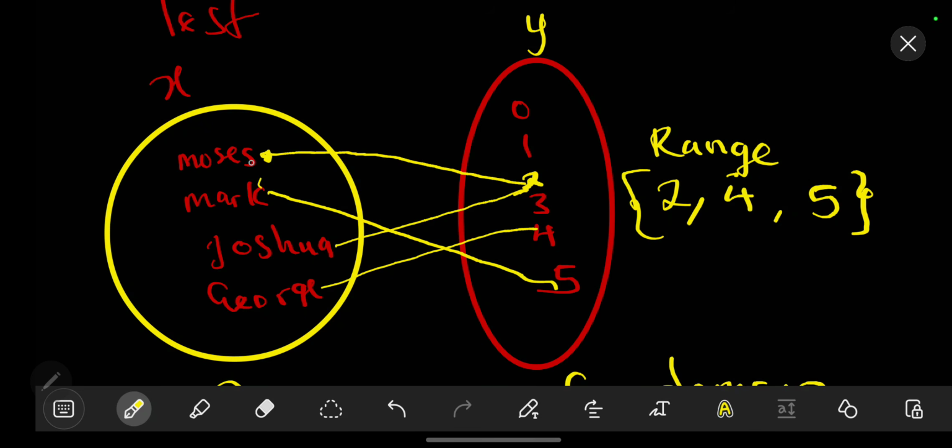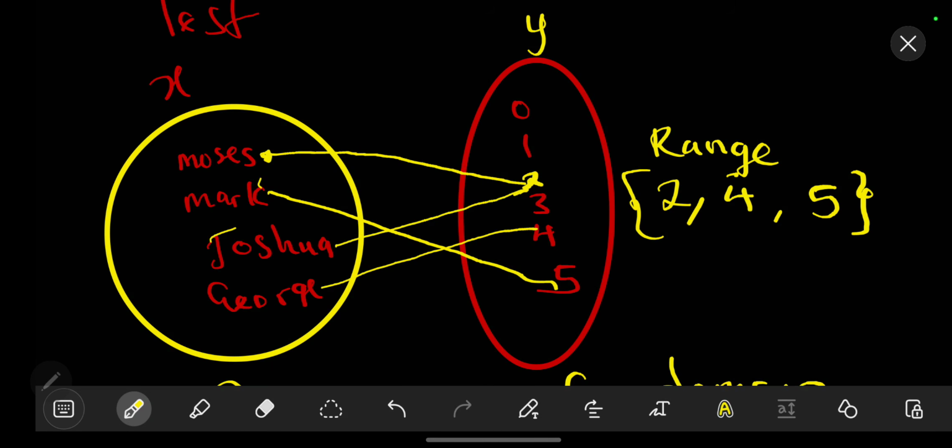It doesn't matter whether Moses and Joshua have the same mark; the fact is that Joshua has just gotten a 2. It's not possible for Joshua to get a 2 and at the same time get a 5 for the same test that was written once. So this one is a function.